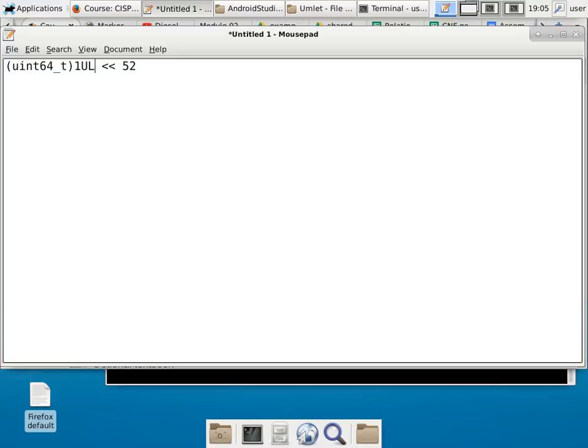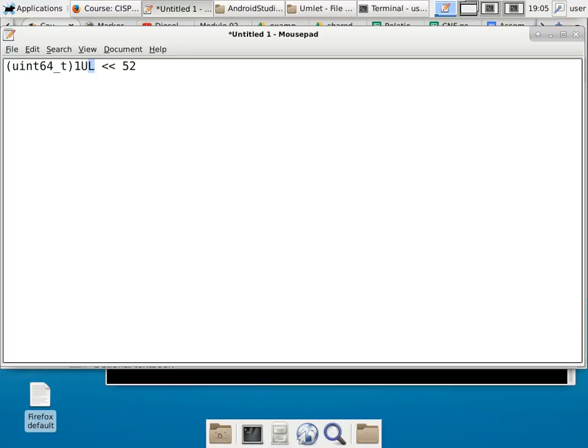The other way to do this, which is not preferred, is to use UL over here, right after the constant. The C compiler would also recognize this to be specifying a 1, but as an unsigned long. But the question is, what is long? Because that is architecture dependent. Depending on what is the quote-unquote target of your C compiler, a long can still be only 32-bit wide. So you would need a long to mean a 64-bit.